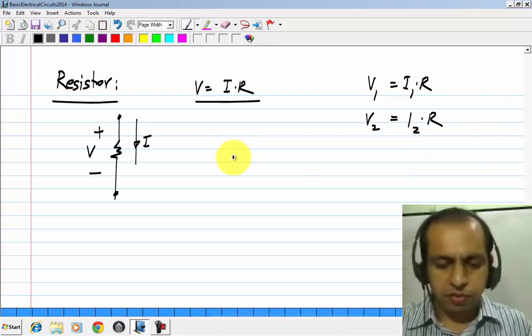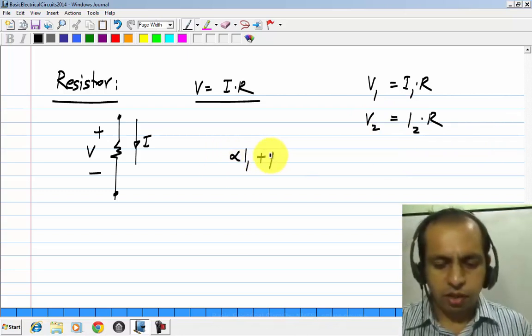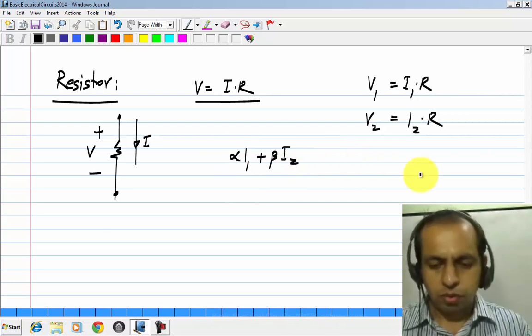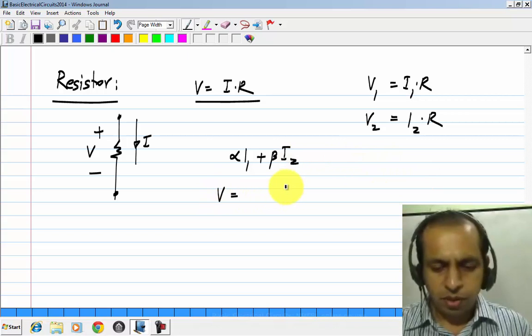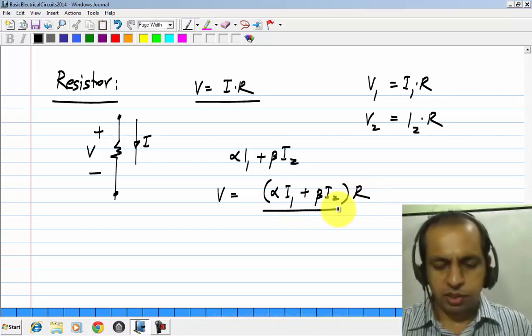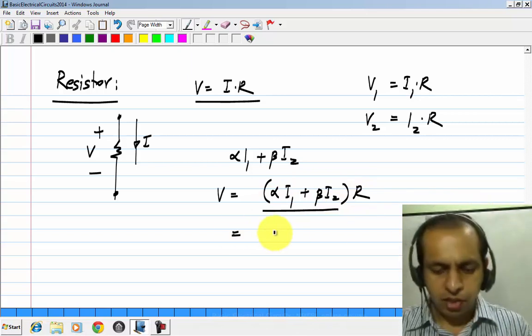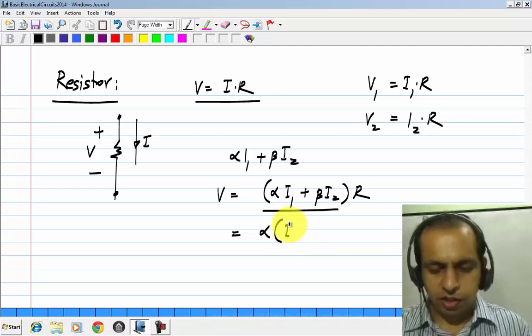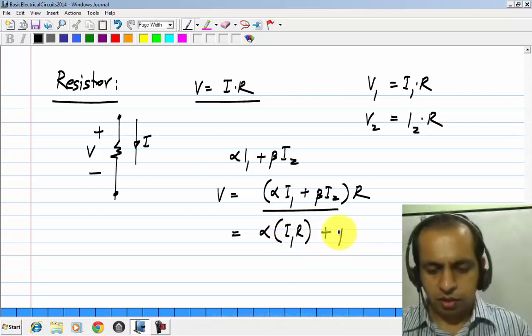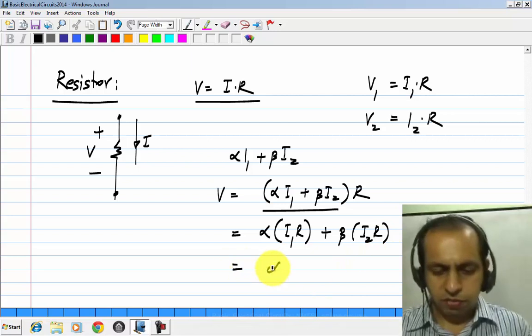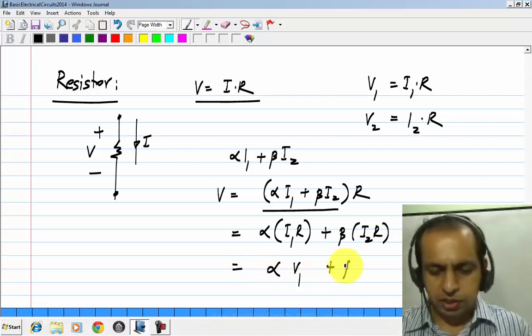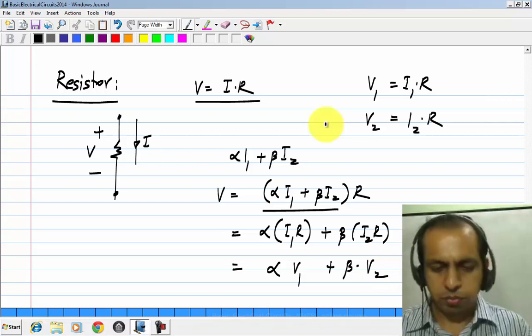Now what happens if the current is alpha I1 plus beta I2? The voltage will be alpha I1 plus beta I2 times R. Basically it is the current times the resistance, which of course can be written as alpha times I1R plus beta times I2R, which of course is alpha times V1 plus beta times V2.